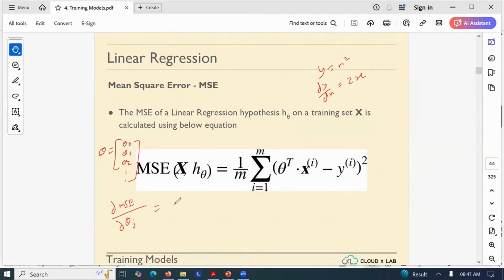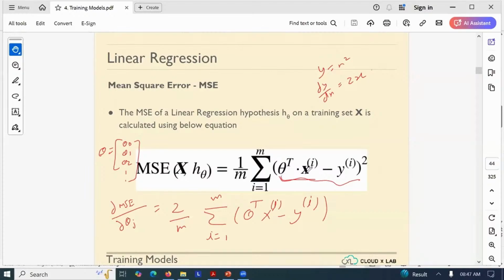So it will be 2 over m, right? Then summation i is equal to 1 to m, right? So 2x, right? So it will be 2 we have already written, so it will be theta transpose xi minus yi, and then we have to differentiate this part, right? So if you differentiate with respect to theta j, in theta we will have several theta values, theta 0, theta 1, theta j, right?